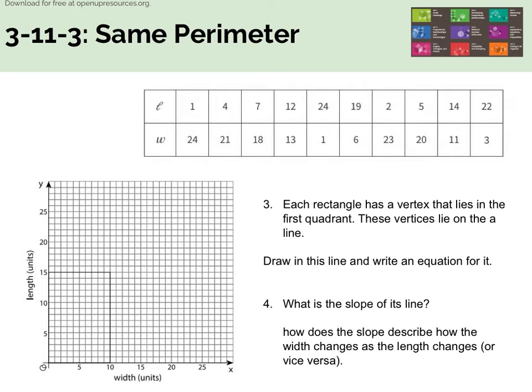Once we have filled in the table, we're still on page 101. It says each rectangle has a vertex that lies in the first quadrant. These vertices lie on a line. Draw in this line and write an equation for it. So we're going to plot all of these points onto this graph. Notice on the bottom I have my width, and on my y I have my length.